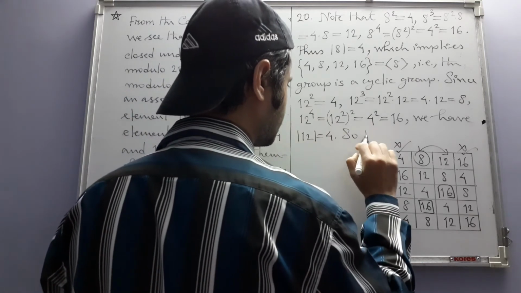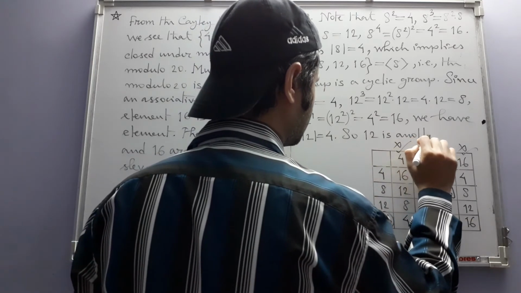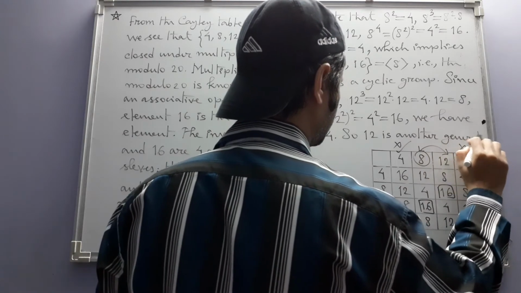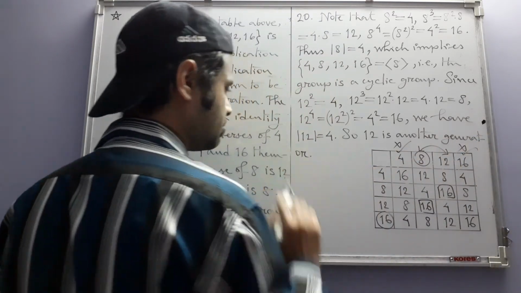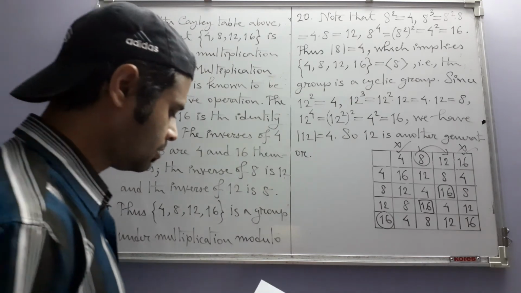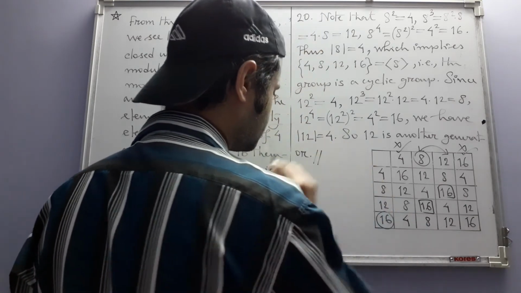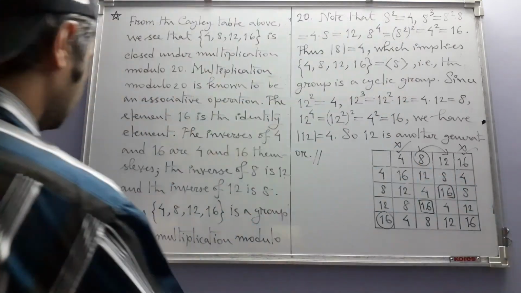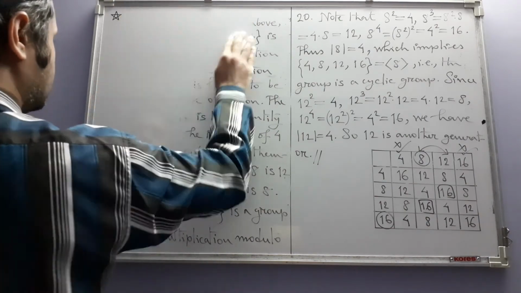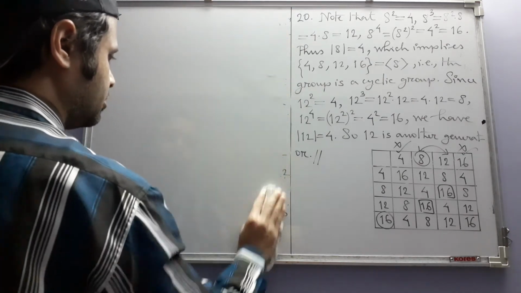So 12 is another generator. Okay, so that completes the solution. We will solve 2 more because we have to reach exercise 40.